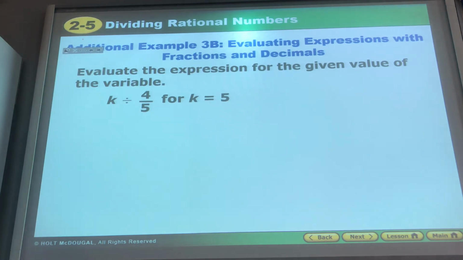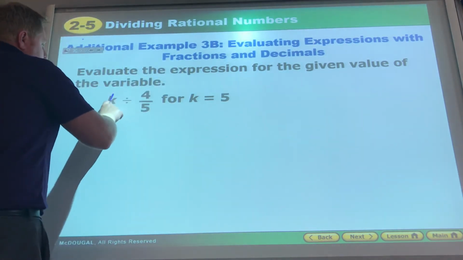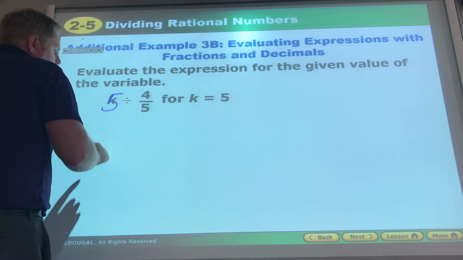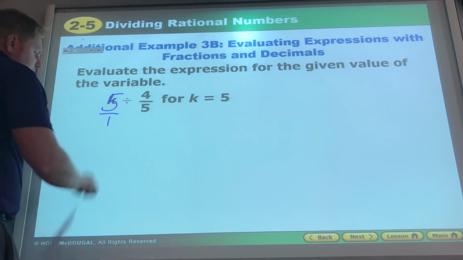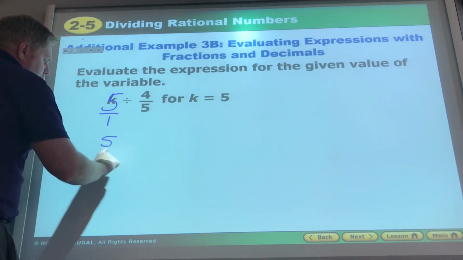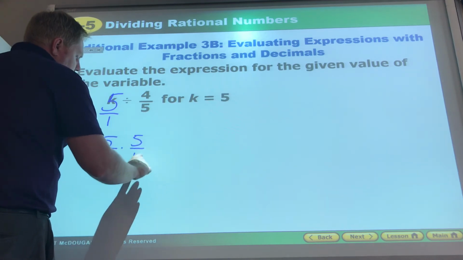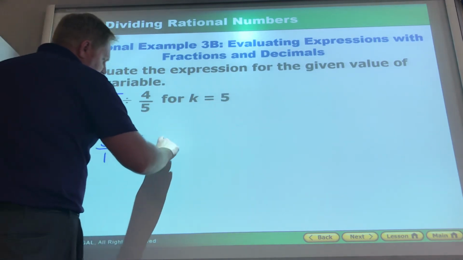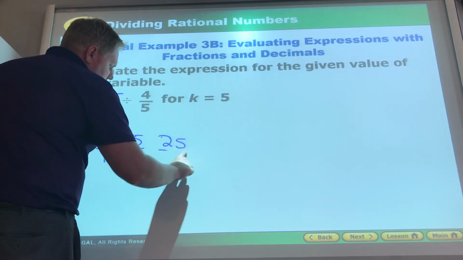Here, when they say 5, we're going to write it big in blue, over 1 time, or divided by 4/5, we can think 5 over 1 times 5 over 4. 5 times 5 is 25. Divided by 4.